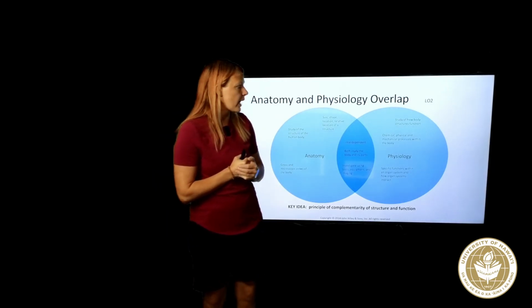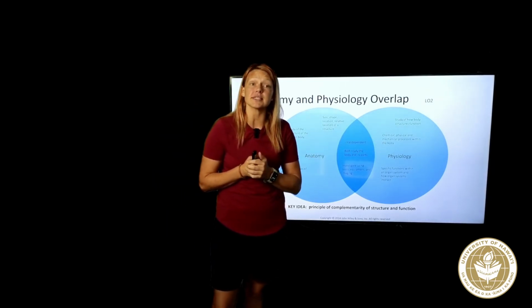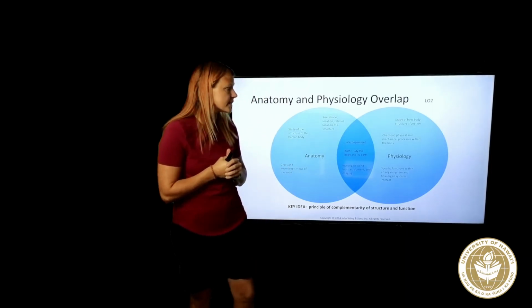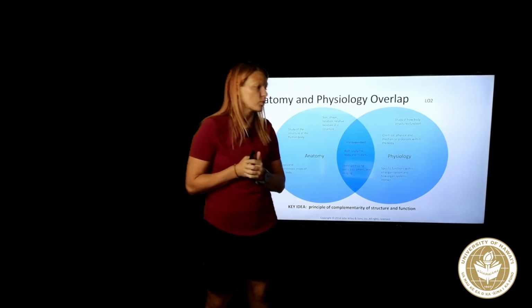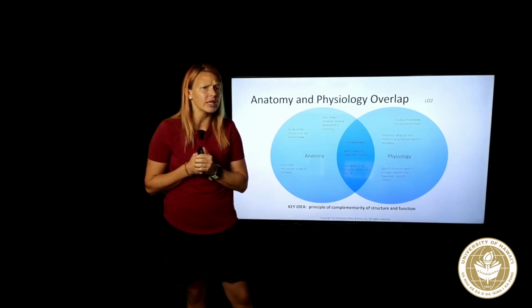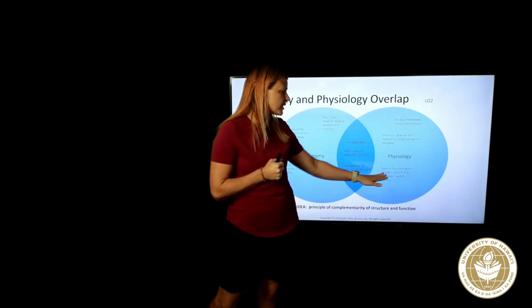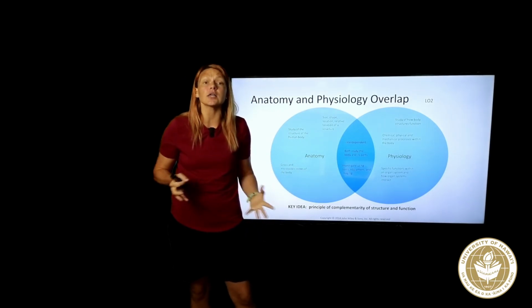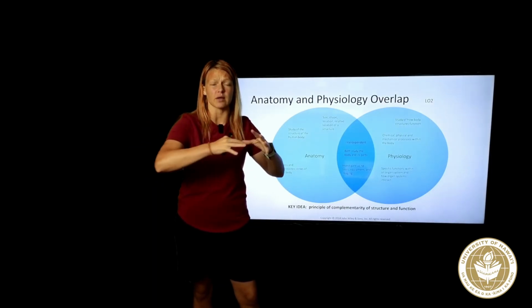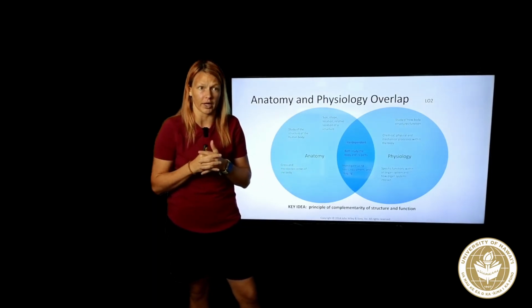So we have to bring into play chemical processes as well as physical processes and mechanical processes within the body. We look at specific functions within an organ system and then also how those different organ systems are interacting with one another.